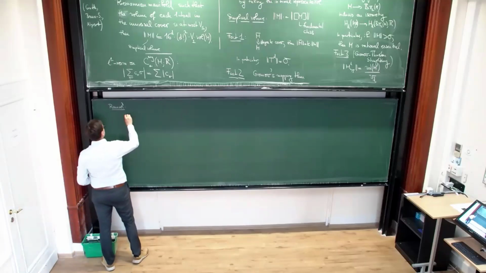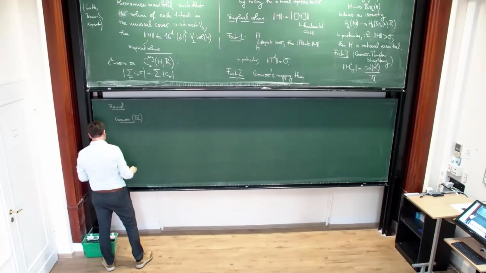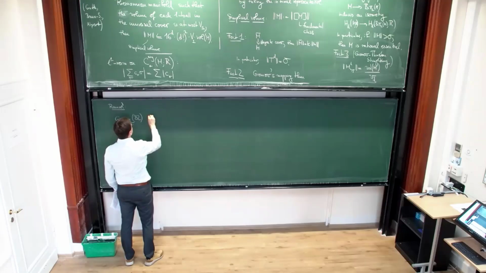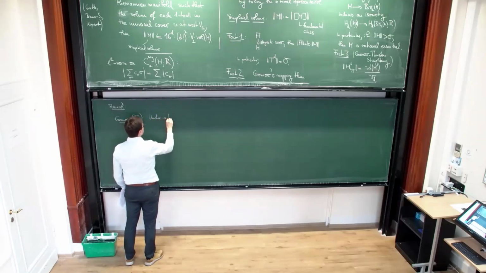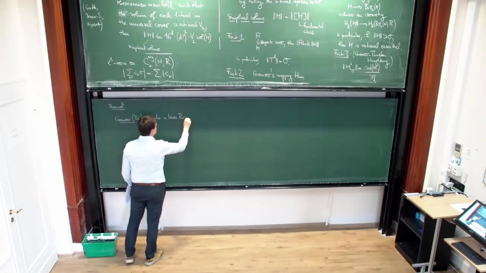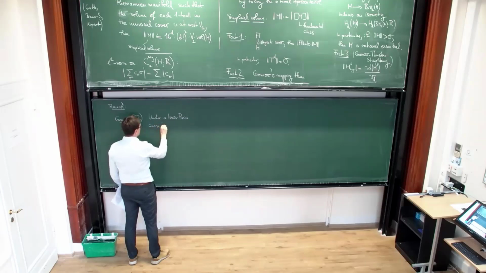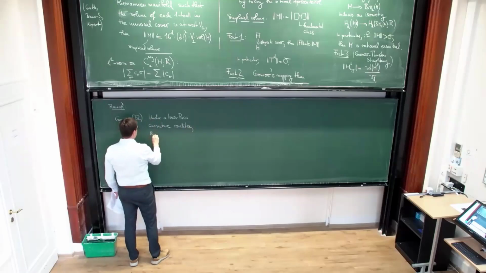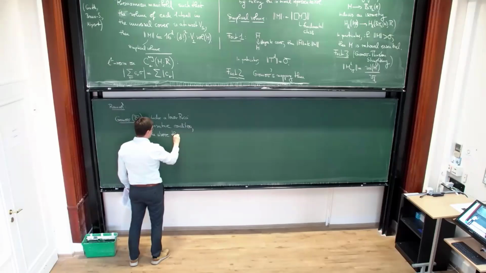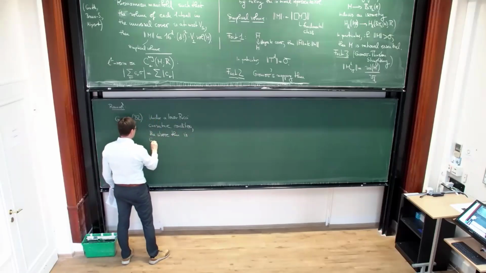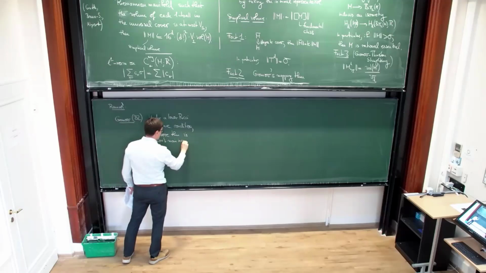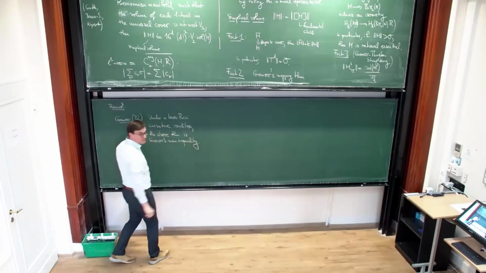So let me not write down the theorem again, but let me just say under a lower Ricci curvature condition, the above theorem is Gromov's main inequality about the simplicial volume.